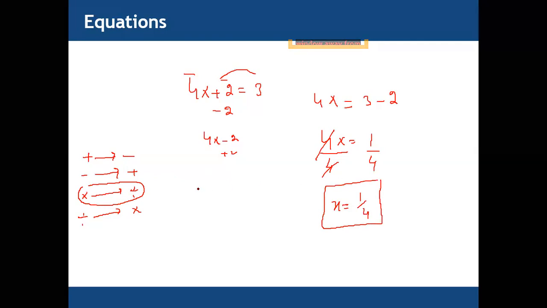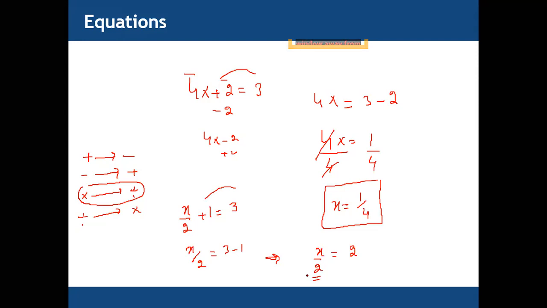If we have this equation, x divided by 2 plus 1 equal to 3, first of all, transfer plus 1 to the other side. We have x divided by 2 equal to 3 minus 1. Plus becomes minus. 3 minus 1 equal to 2. Now we have 2 also here.